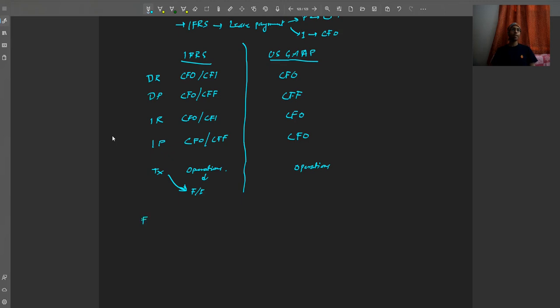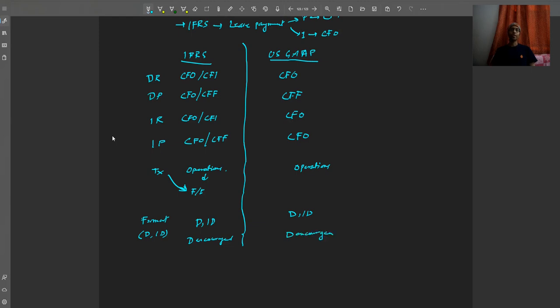In case of format, there is something called direct format of cash flow statements and indirect format. We'll get to that very soon, friends. But we want to highlight a little bit of the differences here. Under both IFRS and US GAAP, direct and indirect both are allowed. And direct is encouraged. Here also direct and indirect is allowed, but direct is encouraged.